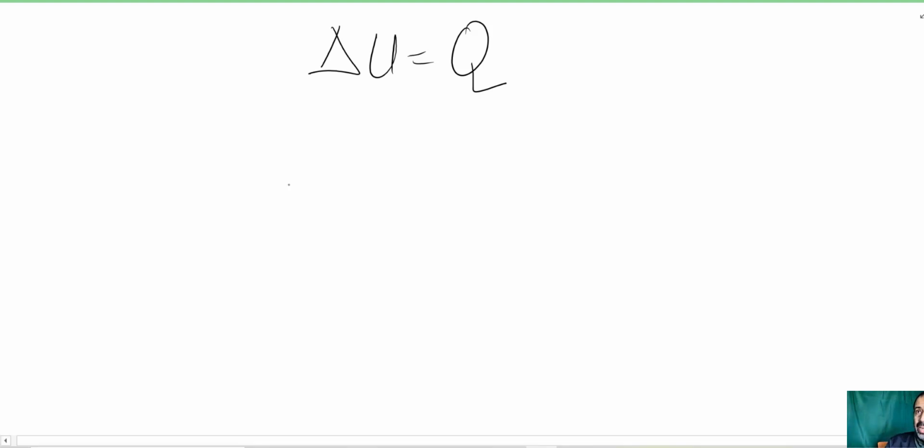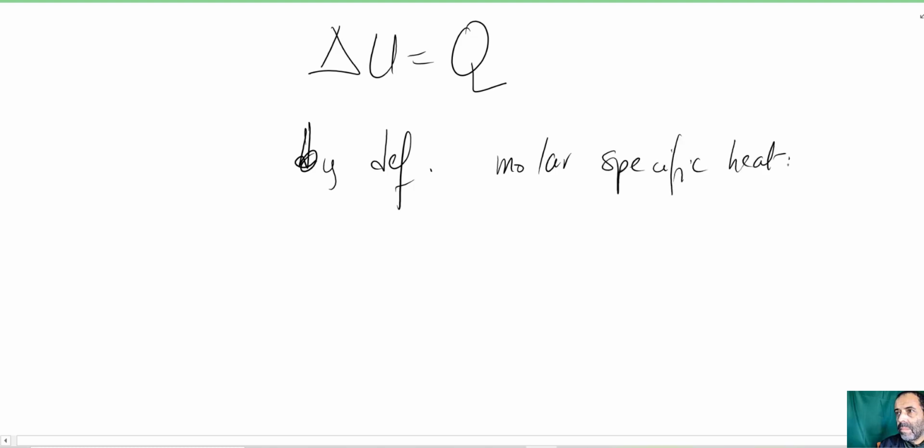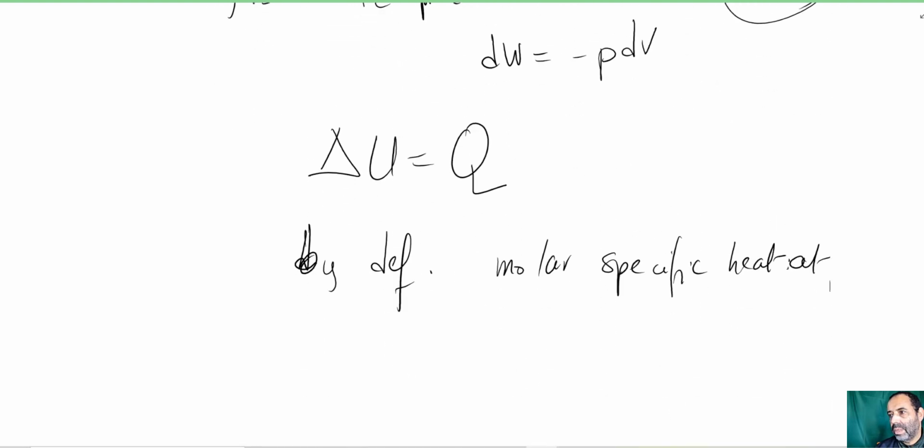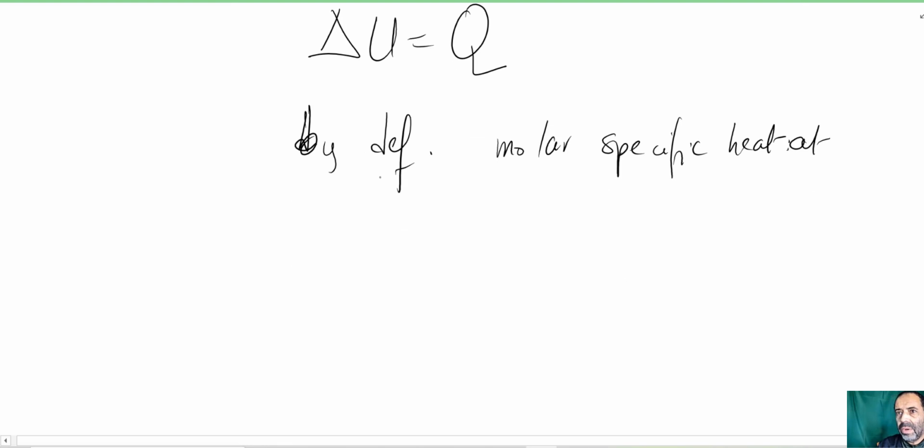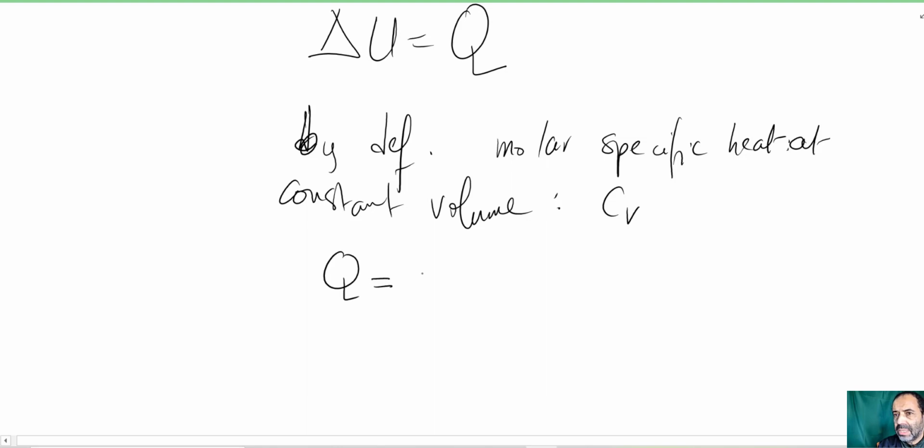By definition, the molar specific heat at constant volume, because this process is an isochoric process, is going to be CV, such that the amount of heat in this case is proportional to the change in temperature: Q equals n CV delta T.